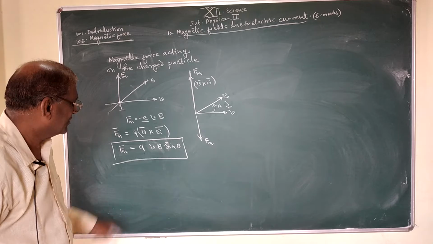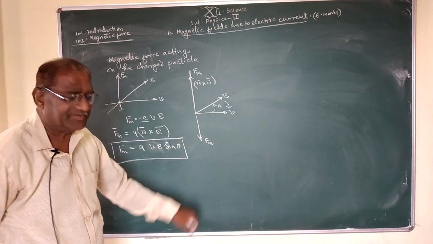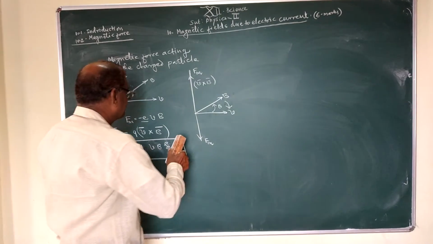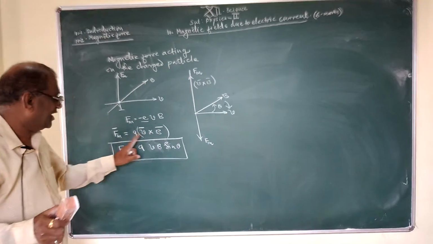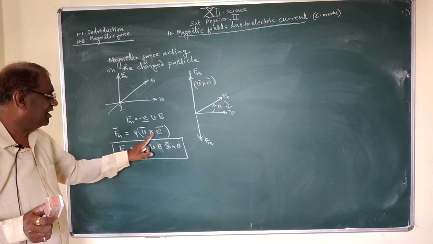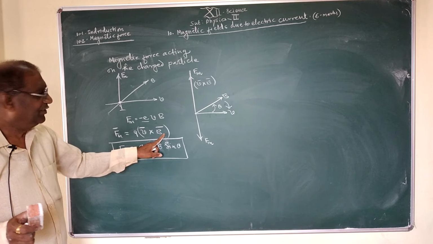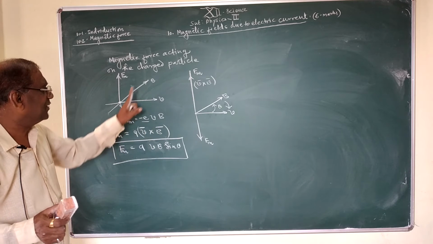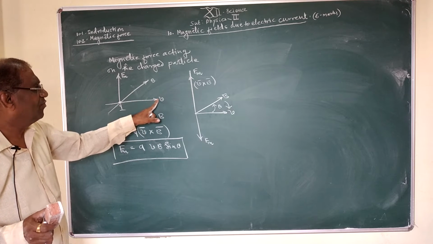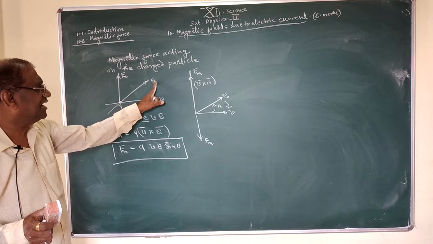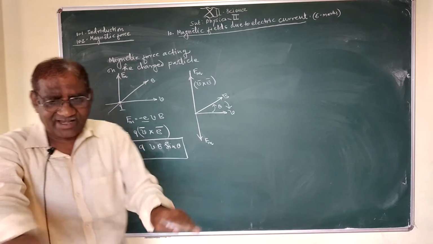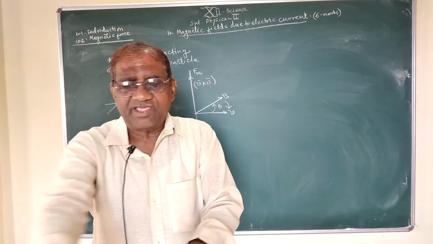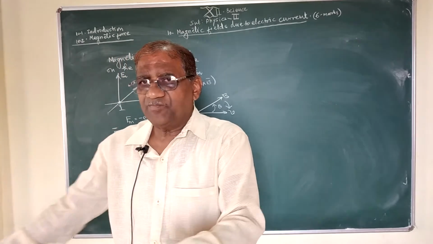This is the magnetic force. Now it is clear that Fm is equal to q v cross B. V cross B is always perpendicular to the plane formed by vector B and vector V. V and B are along the same plane.